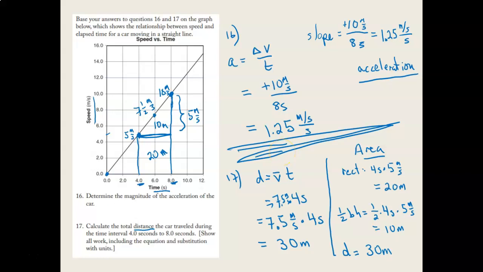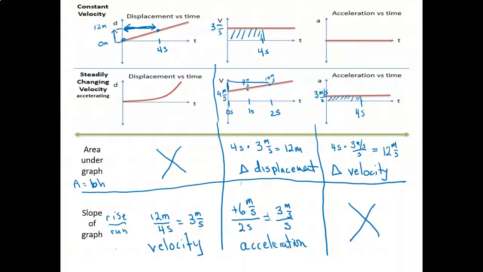All right, so in conclusion, what you should know is that the area under an acceleration versus time graph tells us the change in velocity, how much the velocity changed during that time.